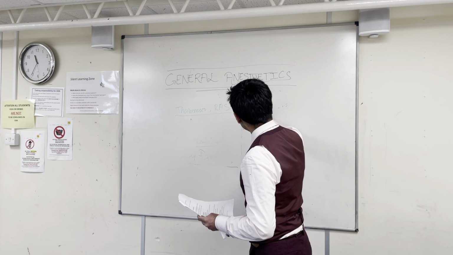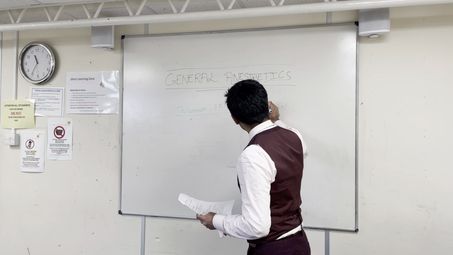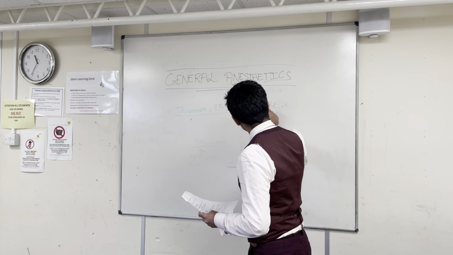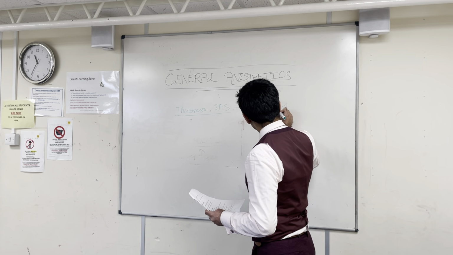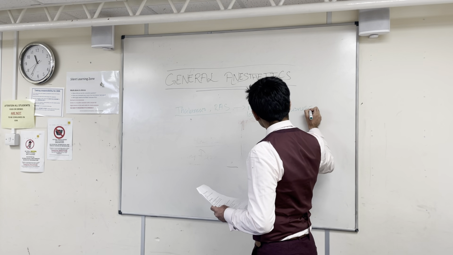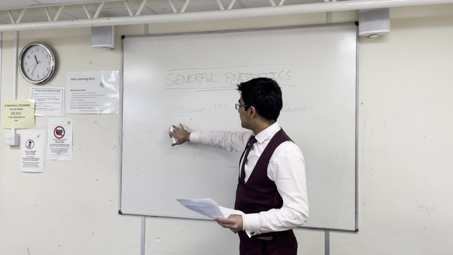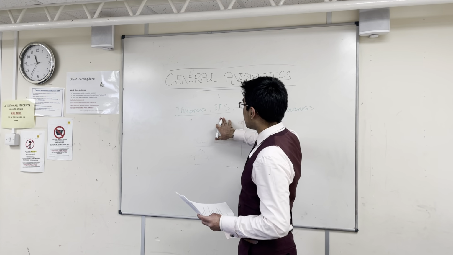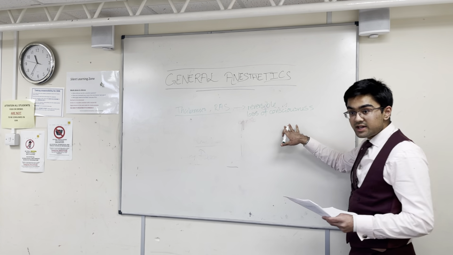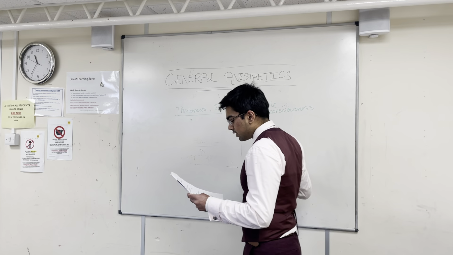So, reversible loss of consciousness. That's the first thing that these general anesthetics can do. They affect the thalamus and the reticular activating system, causing a reversible loss of consciousness.